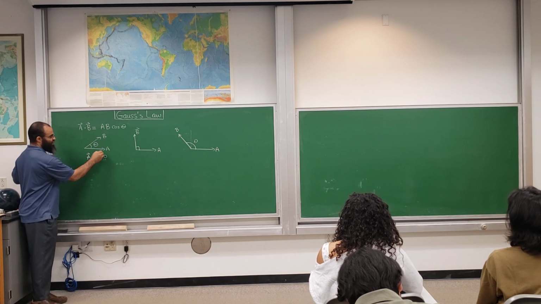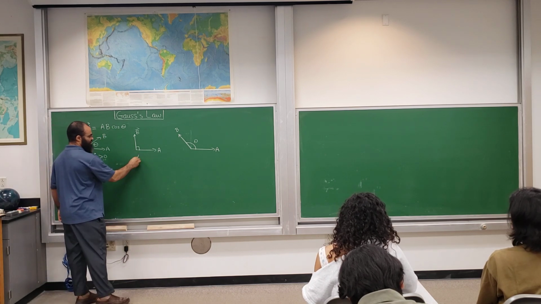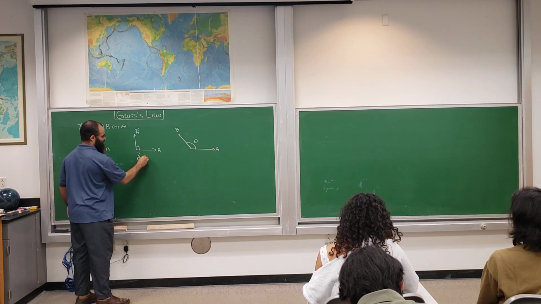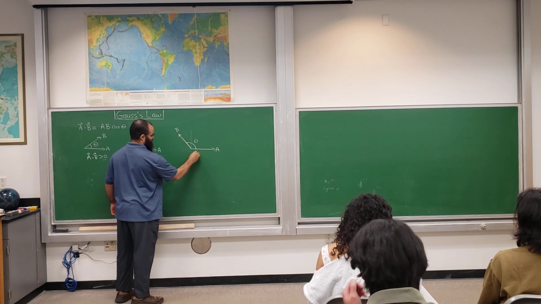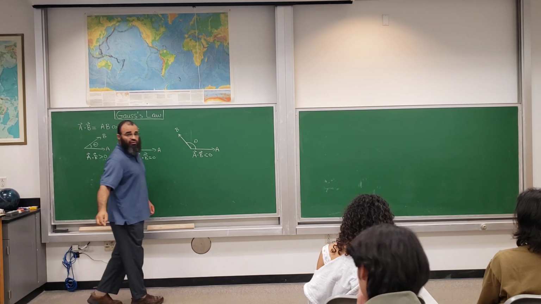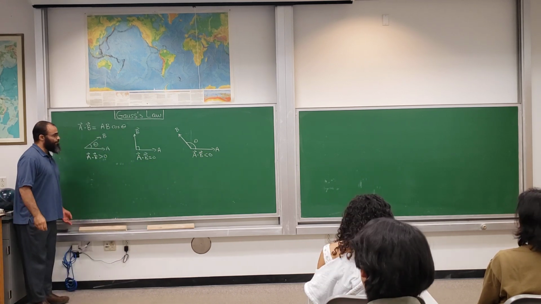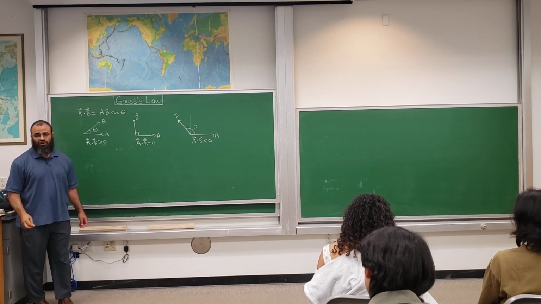Yeah, greater than zero because the cosine of theta would be positive. And here? Okay, it would be less than zero. So the dot product here is going to be less than zero. All right?